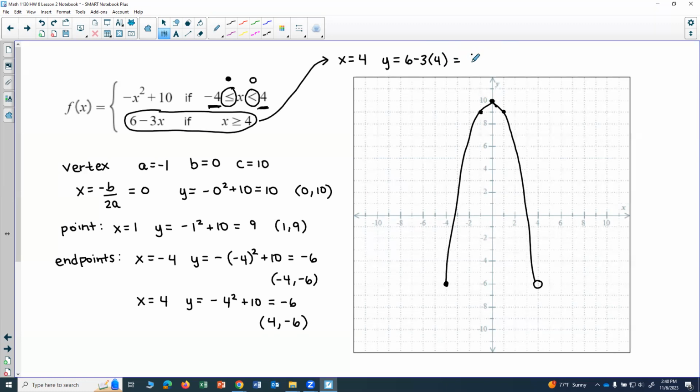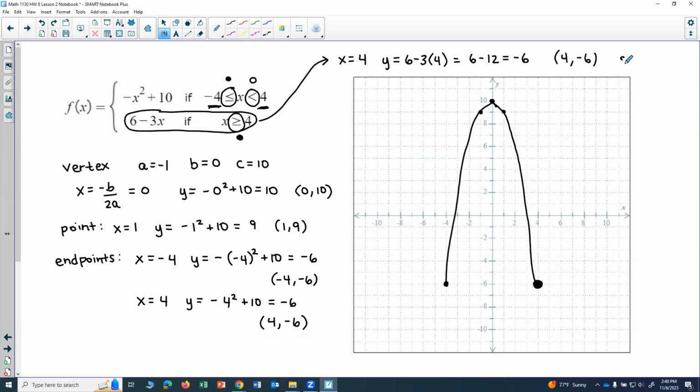So that will be 6 minus 12, which gives me a negative 6. So I have the point 4, negative 6. And because of that, x greater than or equal to, that's going to be a filled in dot. So I'm going to come back to the dot that I did not fill in for the parabola at 4, negative 6, and I'm going to fill it in.